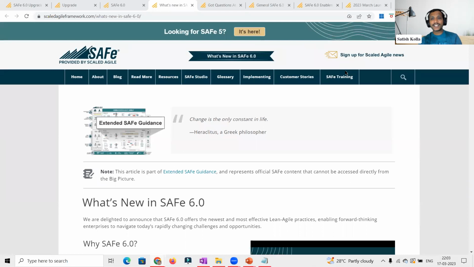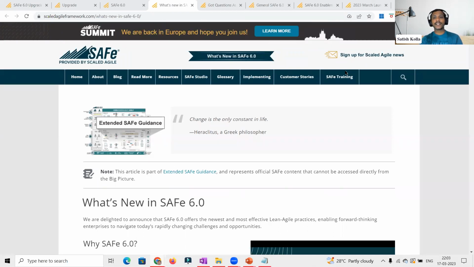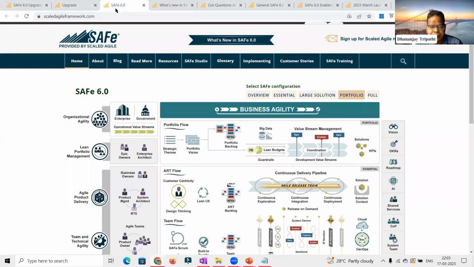Yes, so Agile Business Train versus Agile Release Train. We will try to add that point, Sripati, but let's complete the other aspects first. At a high level, the Agile Business Train is one major change beyond IT.